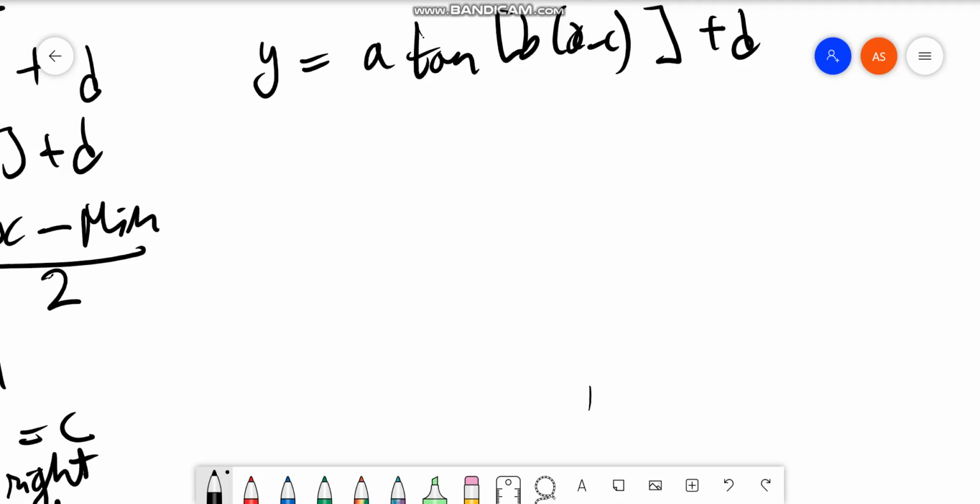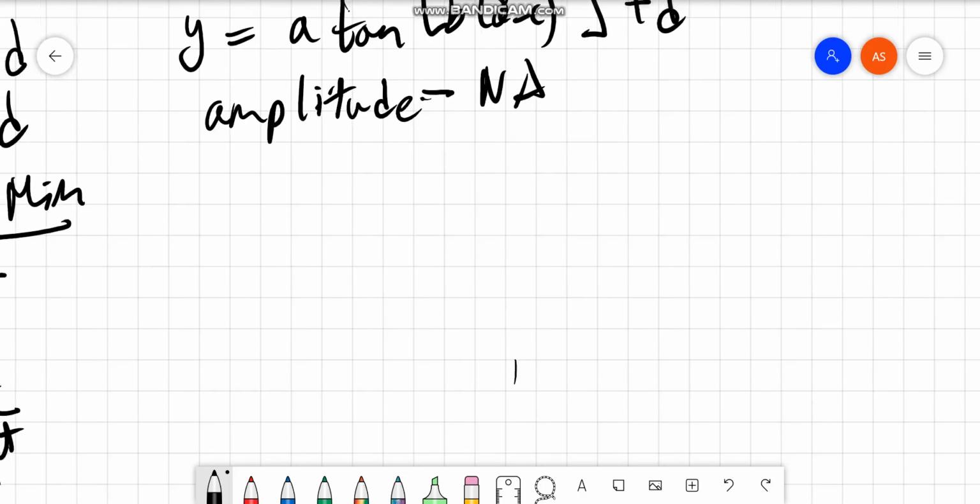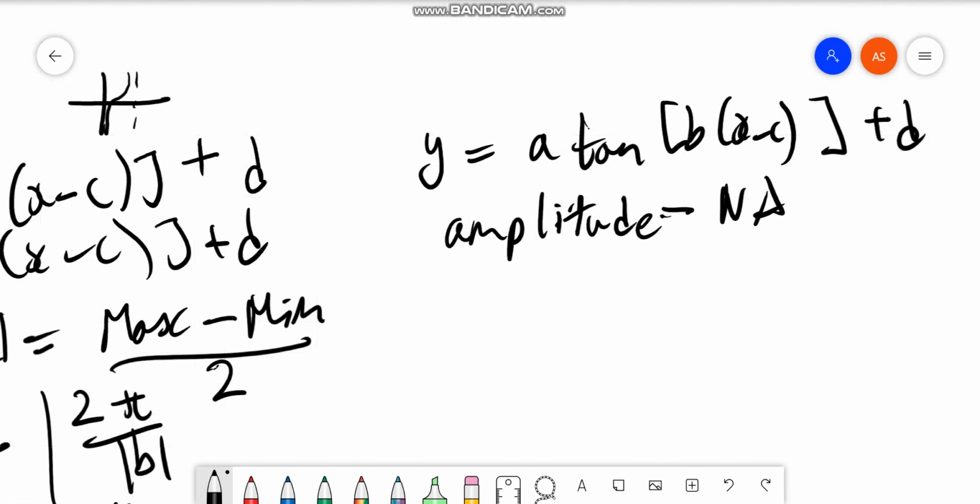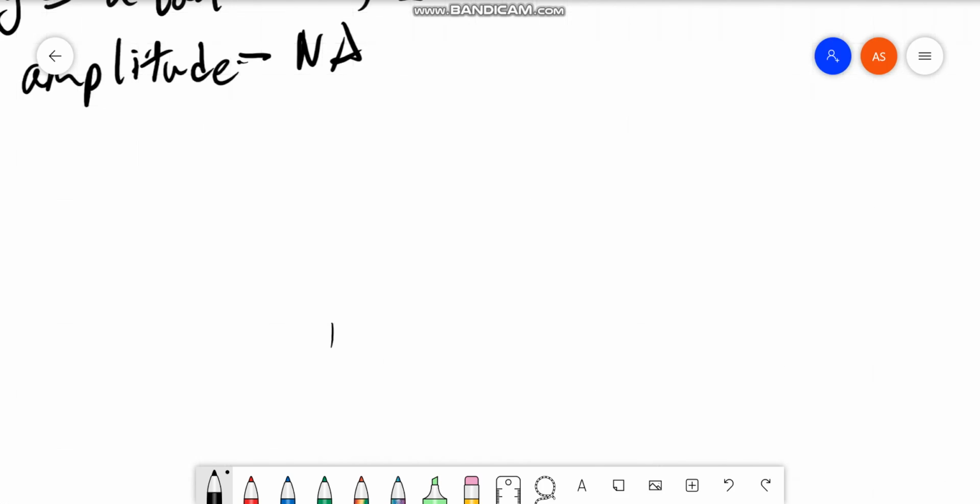So the amplitude is not applicable, because the amplitude is half of the graph's height, but there's no beginning and no end on the y-axis, so the amplitude is not applicable.